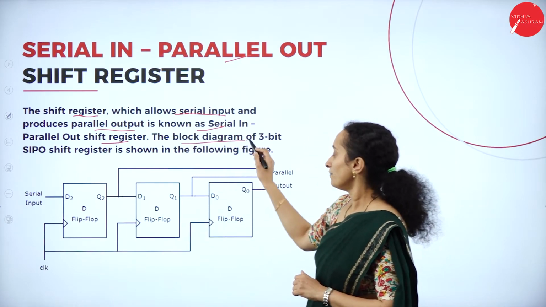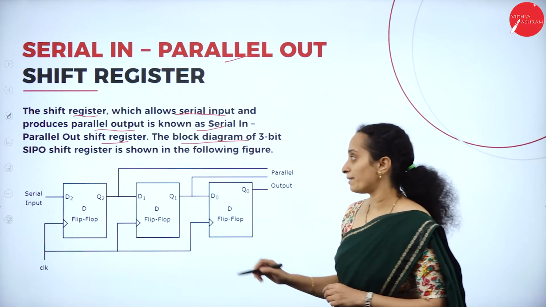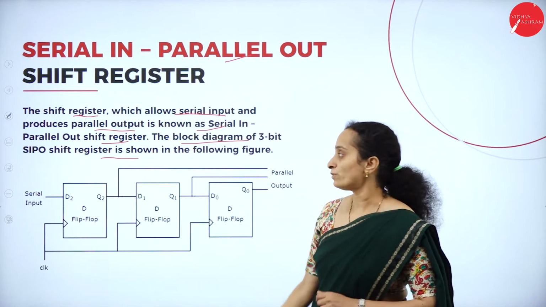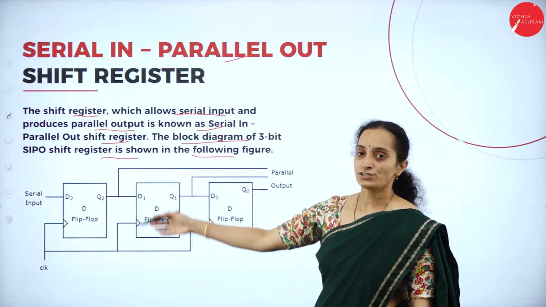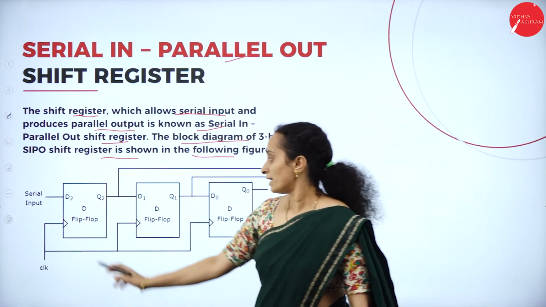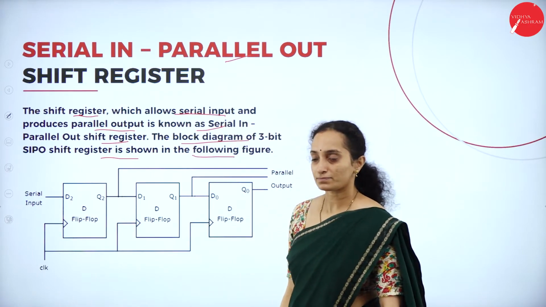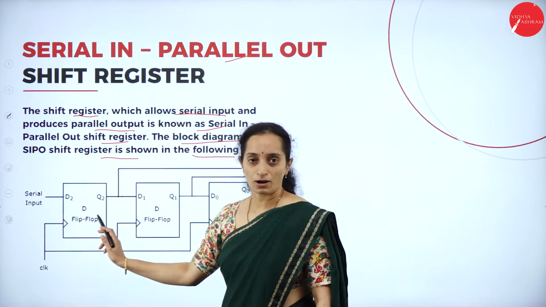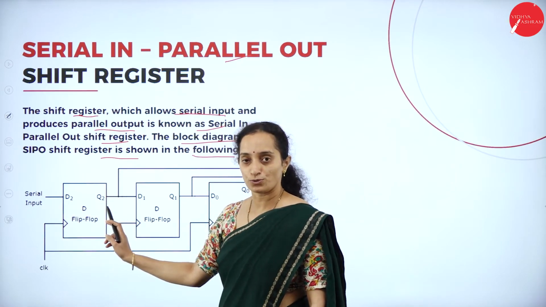The block diagram of a 3-bit serial in, parallel out shift register is as shown in the diagram. We have the serial input and a clock pulse. The first flip-flop will produce an output Q2.